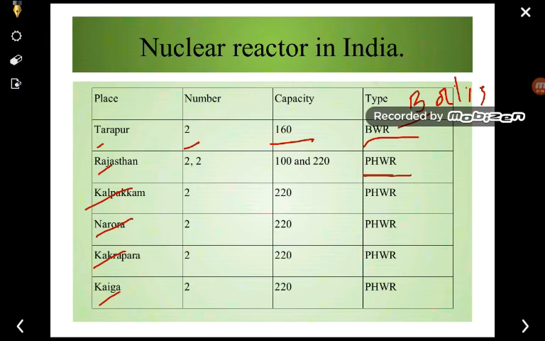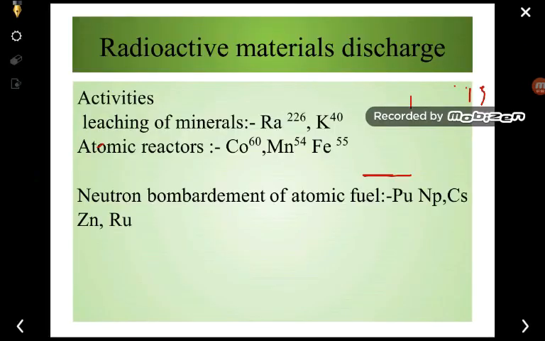So we can find these are the different sites where nuclear reactors are present. There are 8 more reactors under construction at Tarapur, and also in Kaiga, Karnataka, Rajasthan, Tamil Nadu, etc.